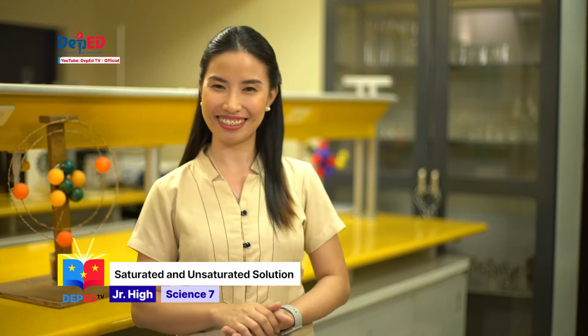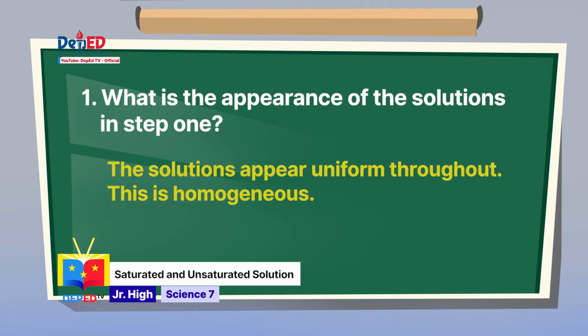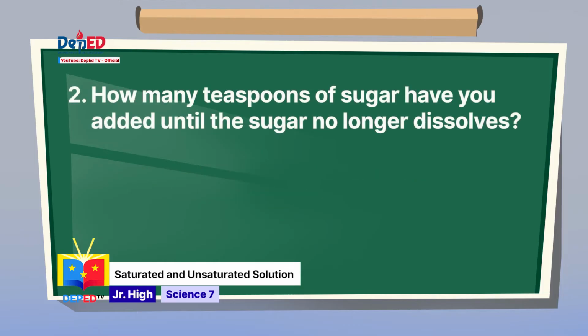Let's do it! Question 1. What is the appearance of the solutions in step 1? The solutions appear uniform throughout. This is homogeneous. Question 2.